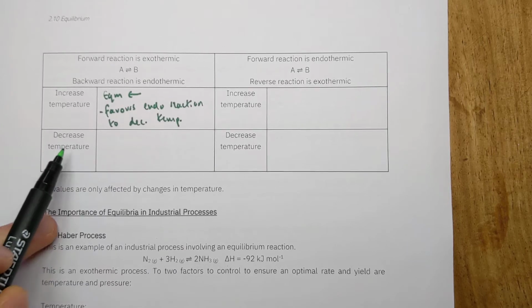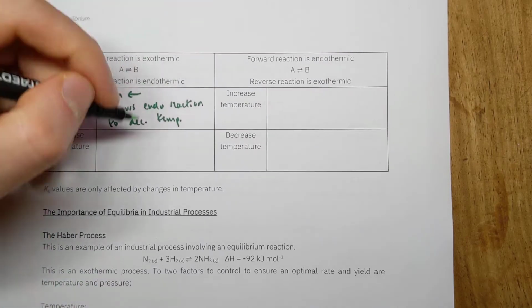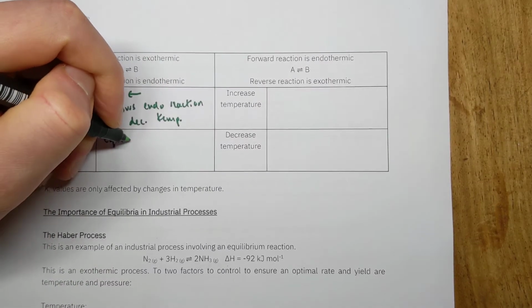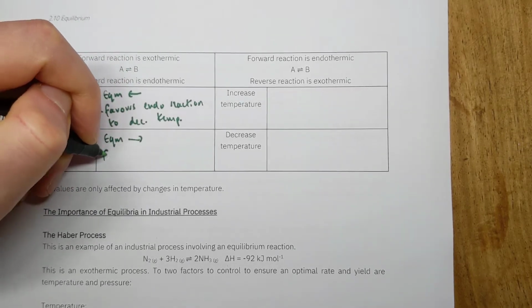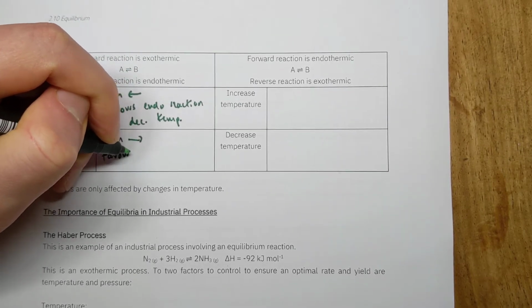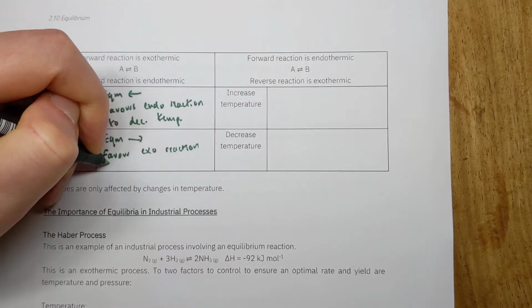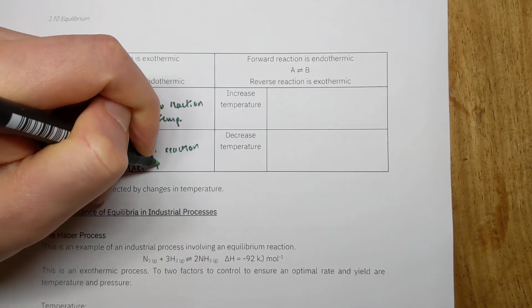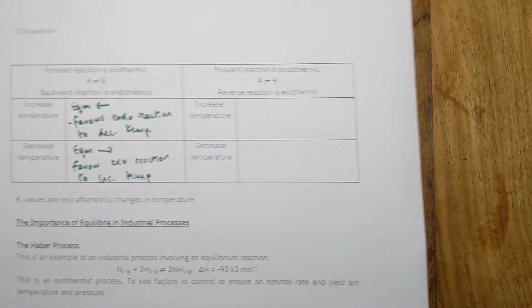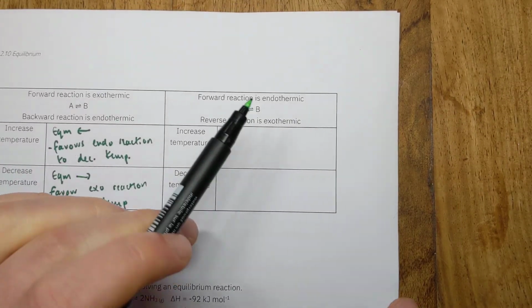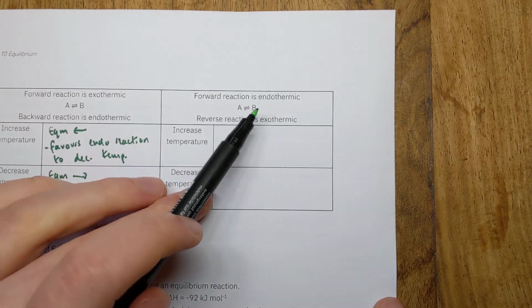Opposite will be true. If I decrease temperature, the equilibrium wants to warm up, so it moves to the right hand side because that's the exothermic part of the reaction. So we favour the exo reaction to increase the temperature. Remember, different reactions can be exo or endo in the forward direction.